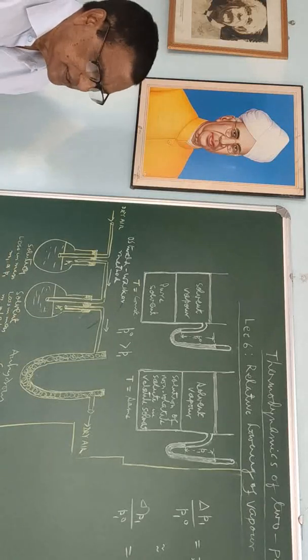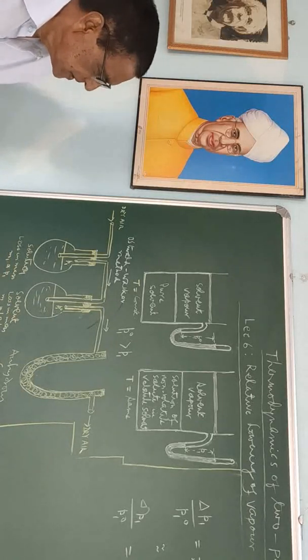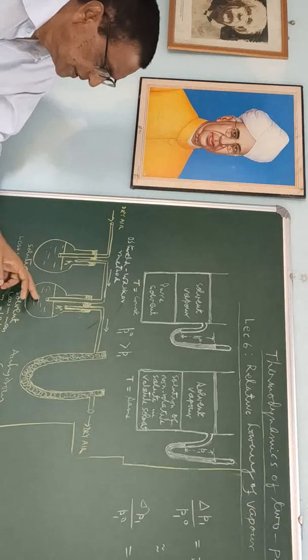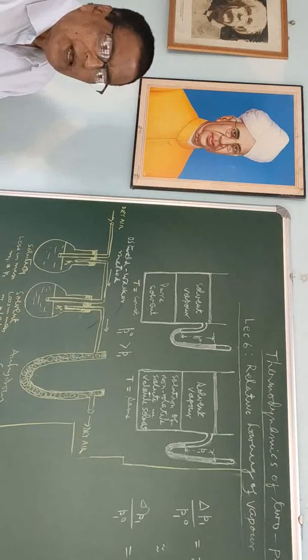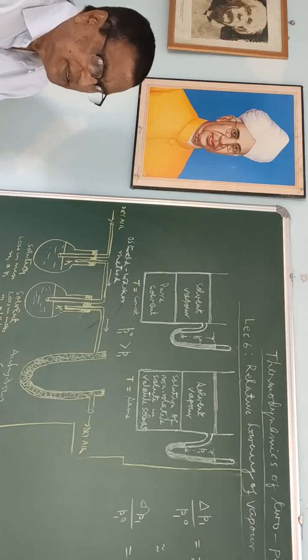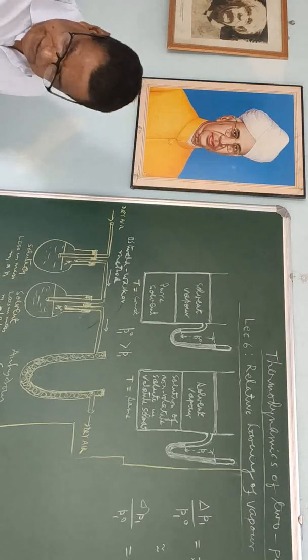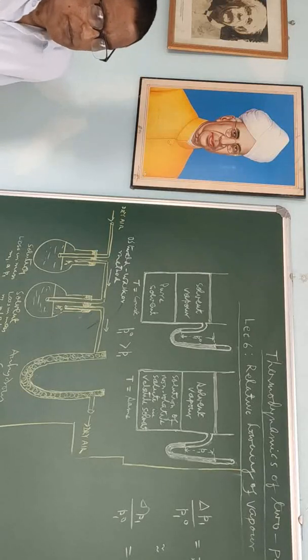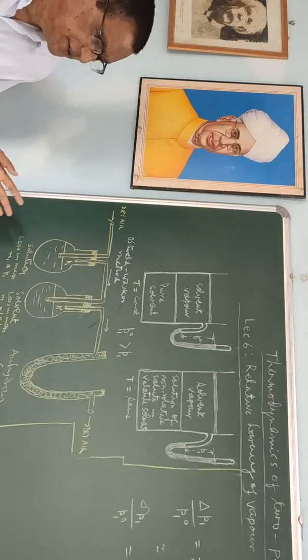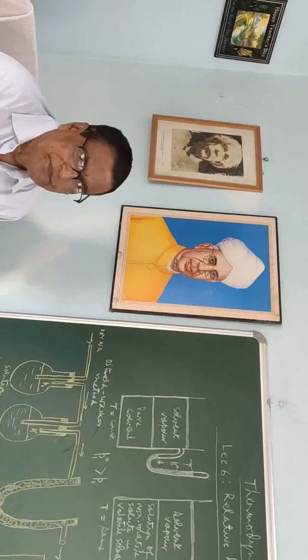Anhydrous calcium chloride is a good water absorber, and here as the solvent, we shall take water. Water is a very common solvent. It is a versatile solvent, and a variety of solutes are dissolved in water.